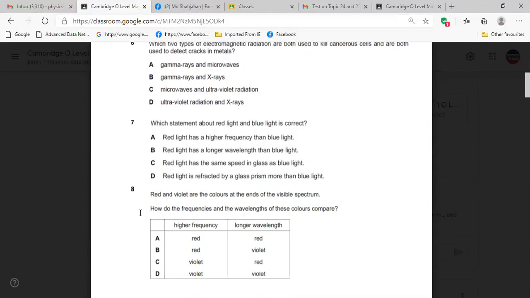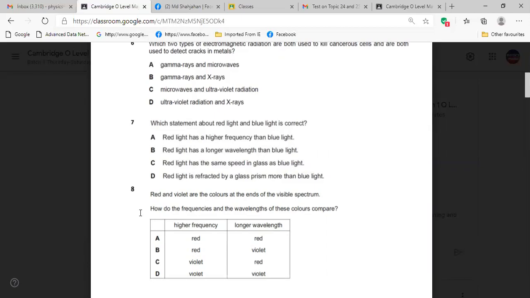Red light has a longer wavelength than blue light. So what is wrong with A? Your answer is correct, but we are now analyzing the other options. Why are they not correct? A, why is it not correct? Red light has lower frequency. Yes.